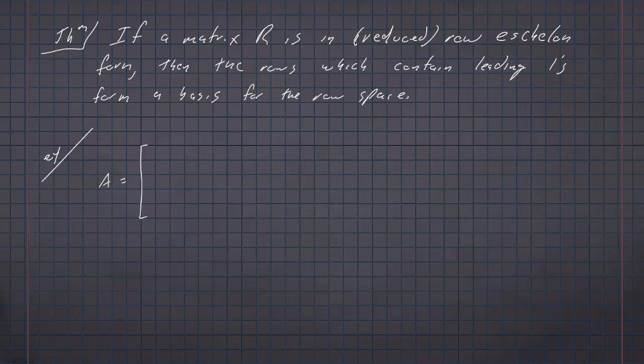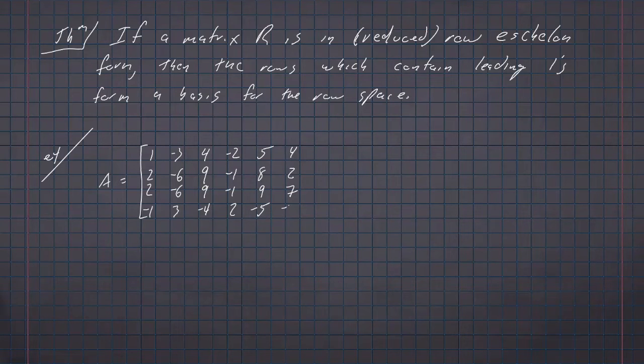Let's consider a kind of nasty looking matrix. Here we go. 1, -3, 4, -2, 5, 4. 2, -6, 9, -1, 8, 2. 2, -6, 9, -1, 9, 7.